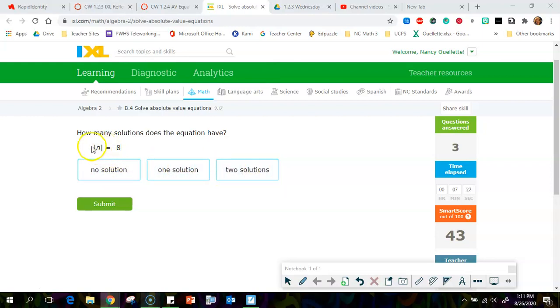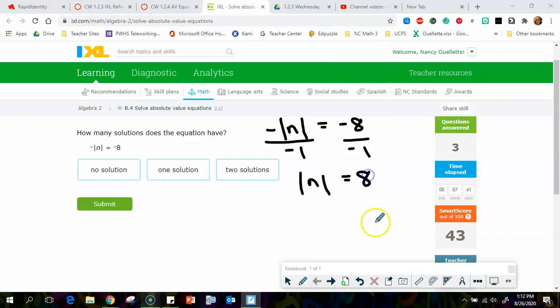Well, you look at it and you think, okay, I've got an absolute value symbol here and I've got a negative number over here, but I've got a negative here. So what I would do is I would divide both sides by -1, and then when I did that, I would have absolute value of n equals +8. So it would be n equals 8 or n equals -8, so that's two solutions.